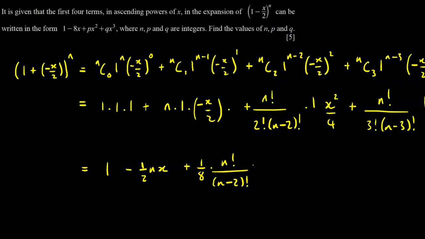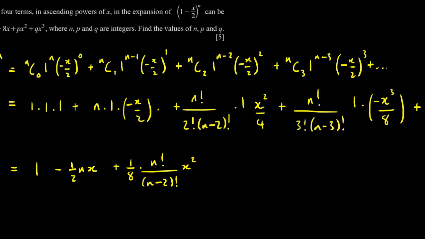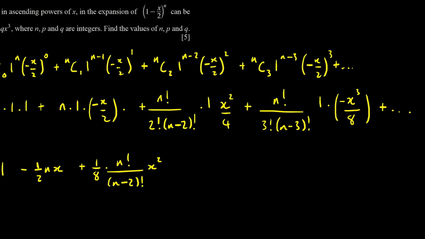Now I'm going to return to that in a second. And the next term, on the bottom, I've got 3 factorial, which is 6. This is 8, so 6 times 8 is 48. So that will be here negative 1 upon 48 times n factorial upon n minus 3 factorial times x cubed plus dot dot dot.